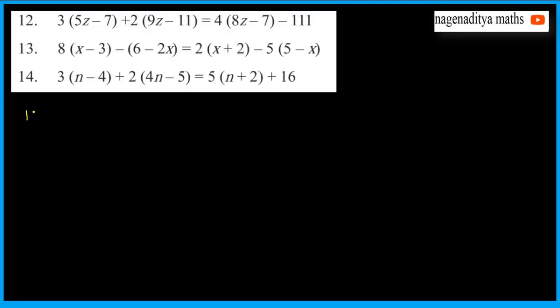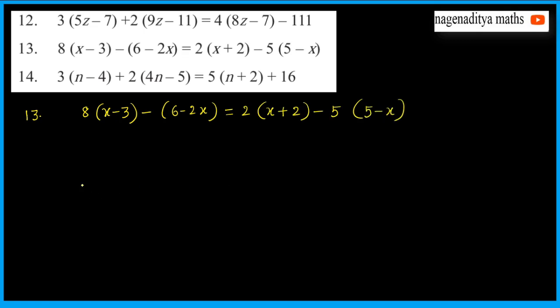So 13th problem. 8 times x minus 3 minus 6 minus 2x is equal to 2 times x plus 2 minus 5 times 5 minus x.